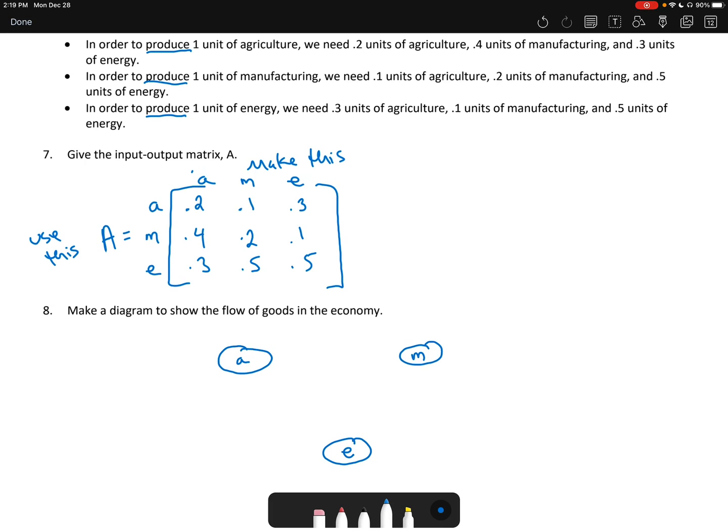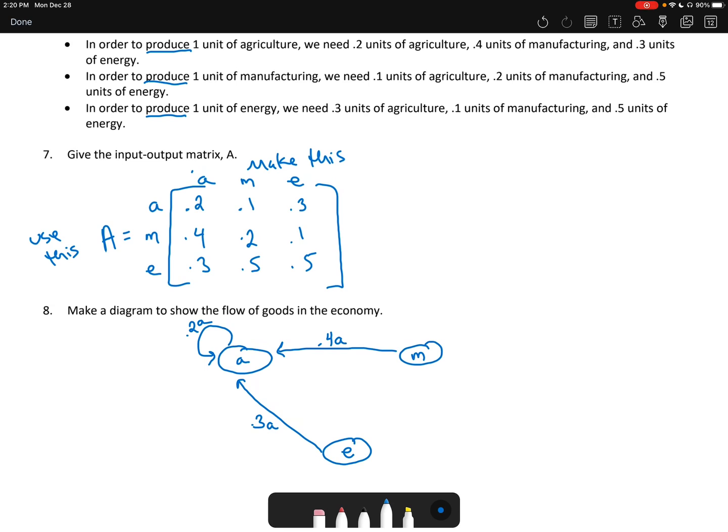So for the first one, we have A going to itself, 0.2A. And what else is going into the A? Well, we have the 0.4 coming from the M's, but that's going toward A, so it gets an A. And we also have what's coming from the energy, a 0.3, but since it's going to A, we use an A. So that's all the A's. That's the A column.